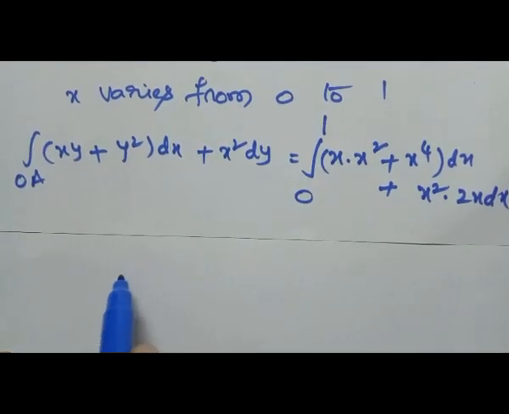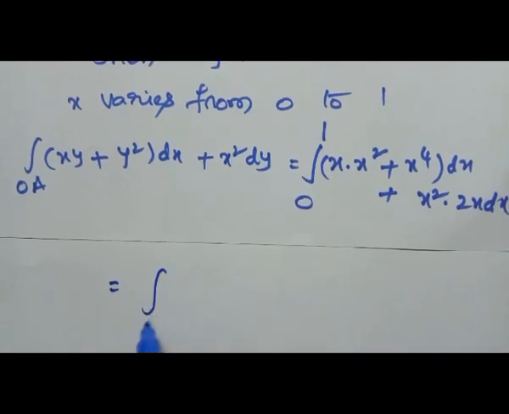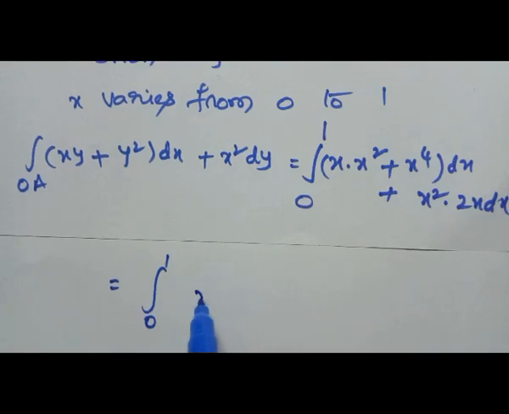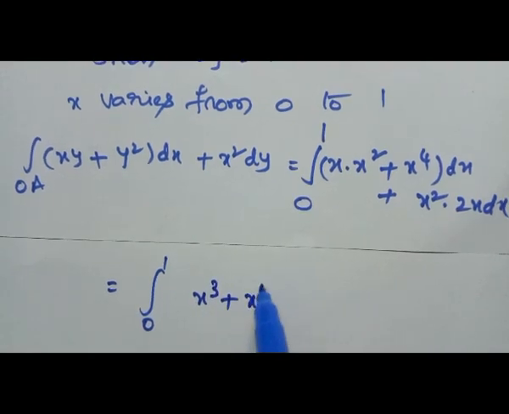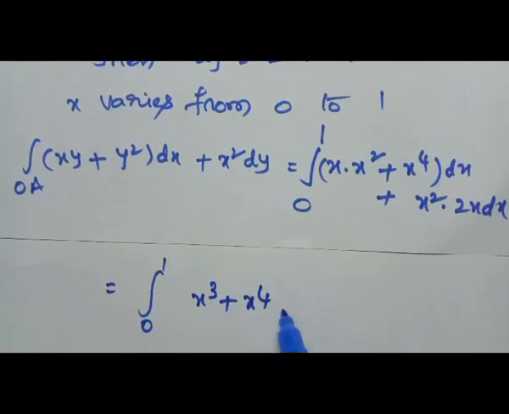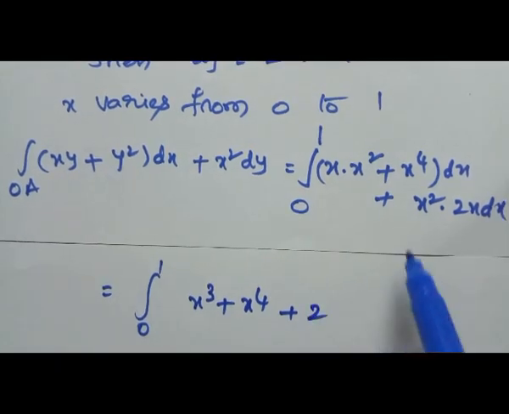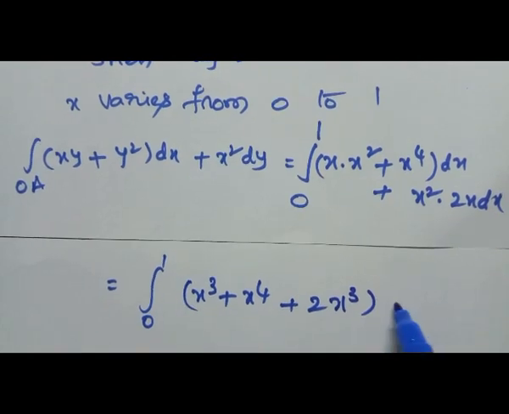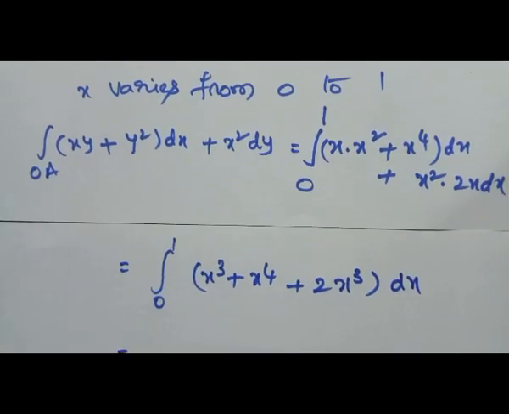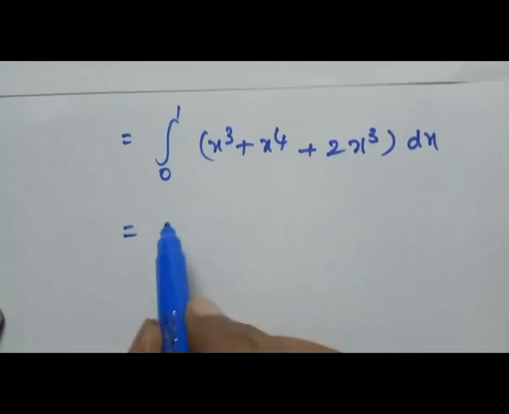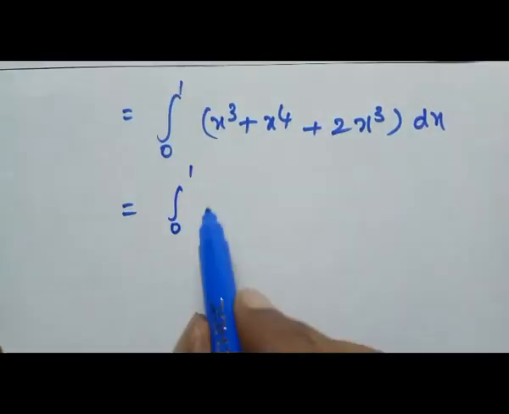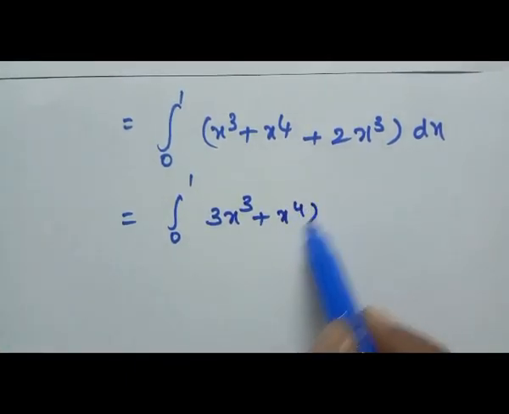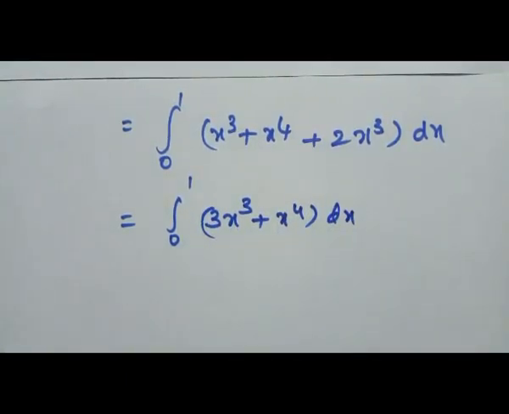This is equal to, simplifying, the integral from 0 to 1 of x cube plus x to the power of 4 plus 2x cube, that is 3x cube plus x power 4, dx.